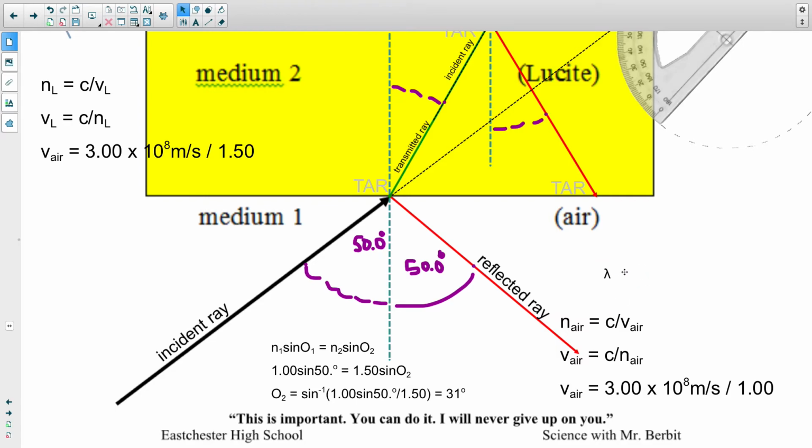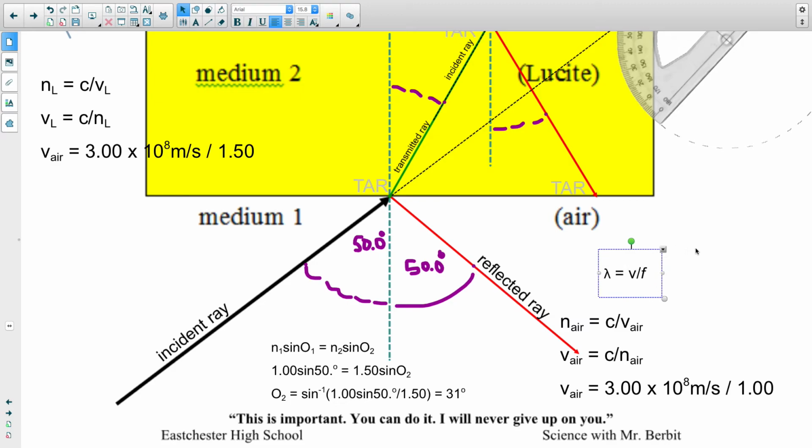So wavelength equals, well, you have that equation: speed equals frequency times wavelength. If you rearrange this, wavelength equals speed over frequency. Being that you found the speed, it's pretty easy now, v over f.